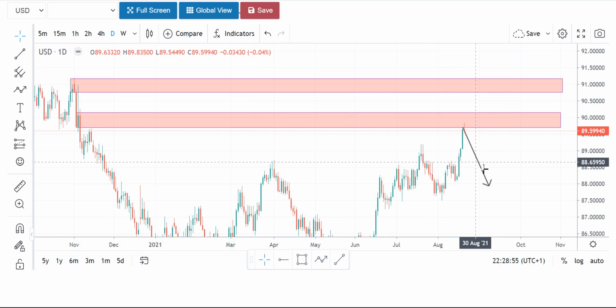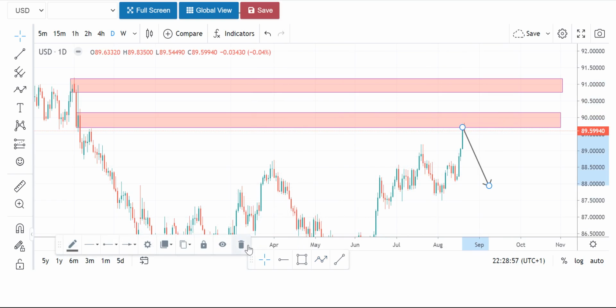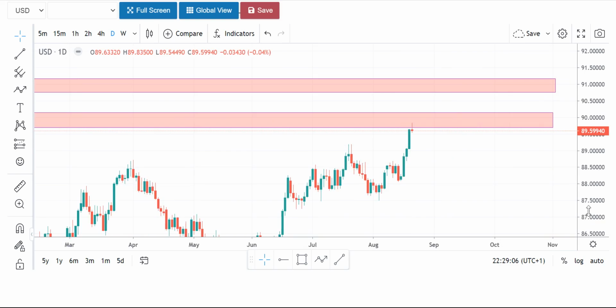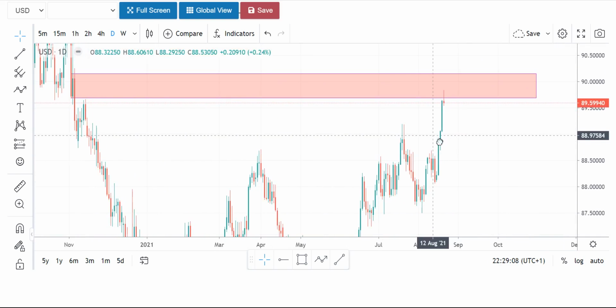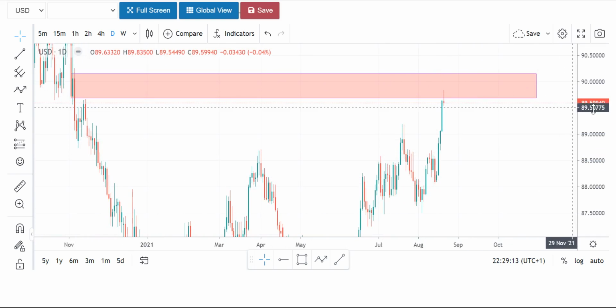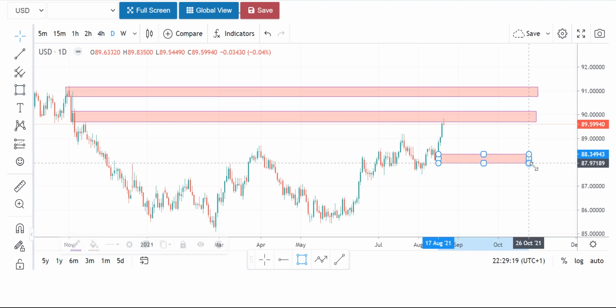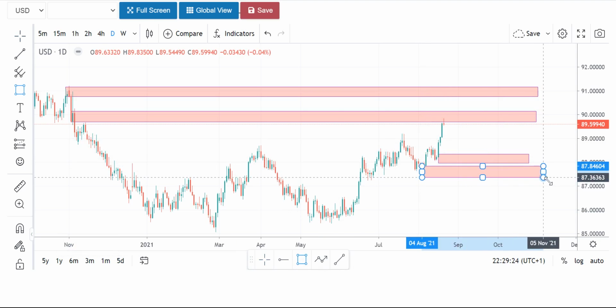Looking at what the US dollar has been doing, we will notice that it's been moving to the upside, and for us to have a healthy price action, we expect impulse and correction. So we expect some correction from the US dollar to this particular region or this particular region before we can see a movement to the upside.